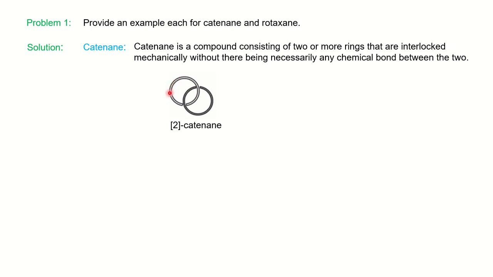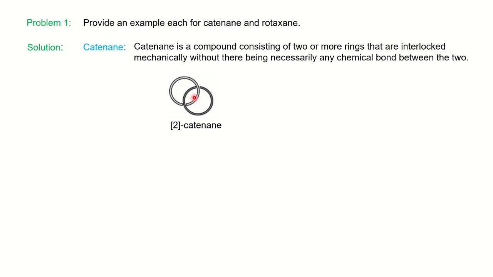The first ring has a macromolecule, many atoms connected through chemical bonds. Similarly, the other ring also has many atoms connected through chemical bonds. But there is no chemical bond between the two rings. It is a mechanical bond.